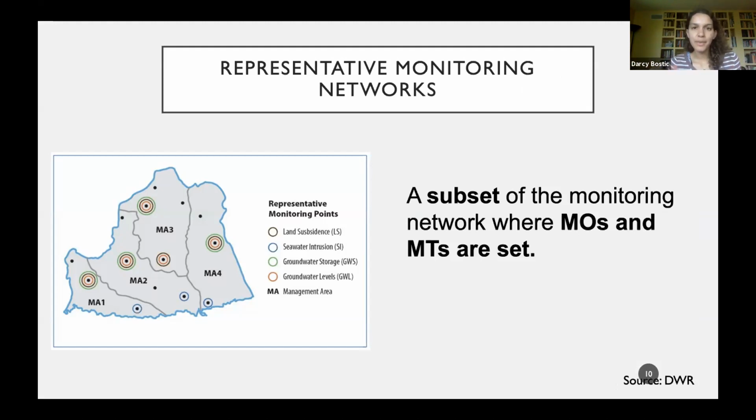So it makes somewhat intuitive sense because there'd be a lot of duplication of minimum thresholds if you had all wells in the monitoring network have minimum thresholds specified with them, because if you have 2 wells that are very close to each other that have very similar information in terms of groundwater level, water quality, whatever it may be, you would have the same minimum threshold. And so I think it's okay to have a representative monitoring network that is actually representative of the wells that are in your basin and the basin conditions that are occurring.